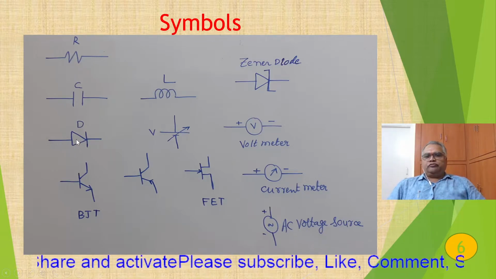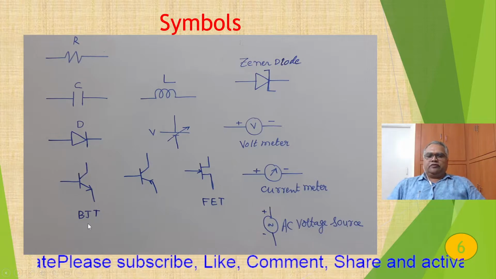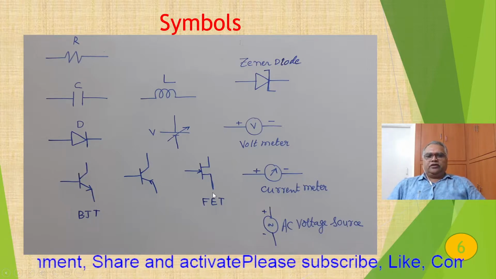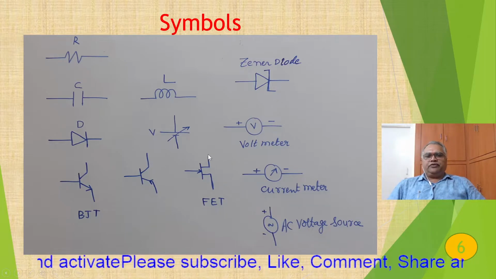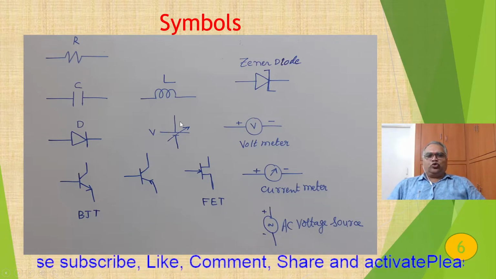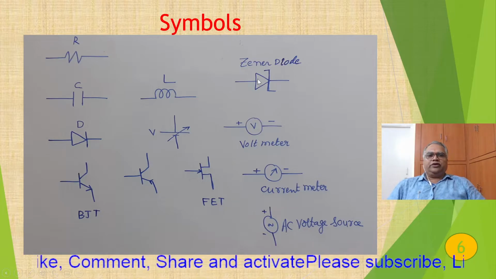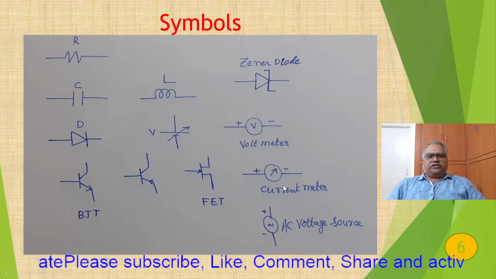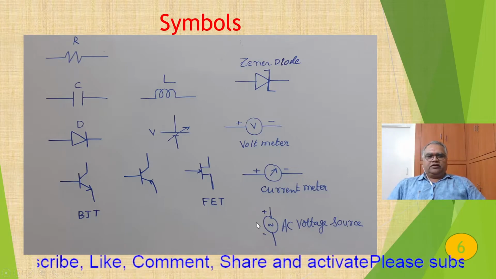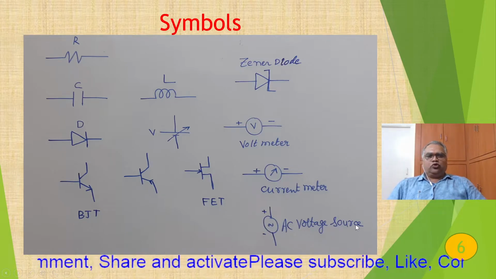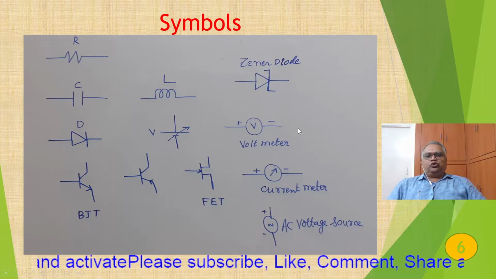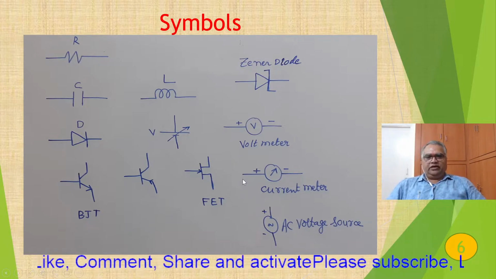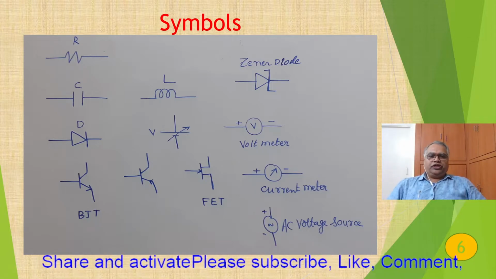And diode, BJT, bipolar junction transistor, NPN, PNP. This is the field effect transistor, FET. The voltage source. This is the Zener diode. This is the voltmeter. This one is a current meter. This is the AC symbol, AC voltage source. So you have to show symbols perfectly, correctly, in appropriate shape.